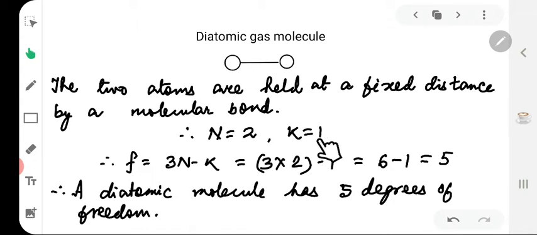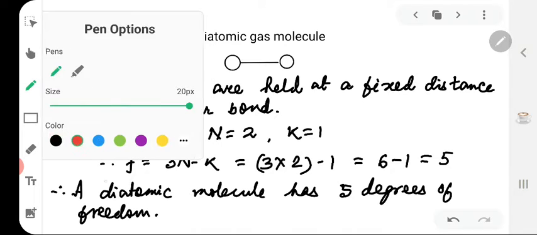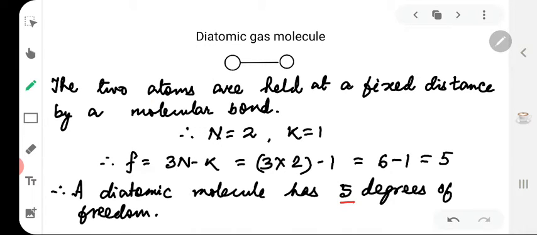So k is equal to 1. So now from the formula of degrees of freedom, f equal to 3n minus k, that will give you 3 into 2, n is 2, minus 1. So 3 into 2 is 6, 6 minus 1 is 5. So a diatomic molecule has 5 degrees of freedom.